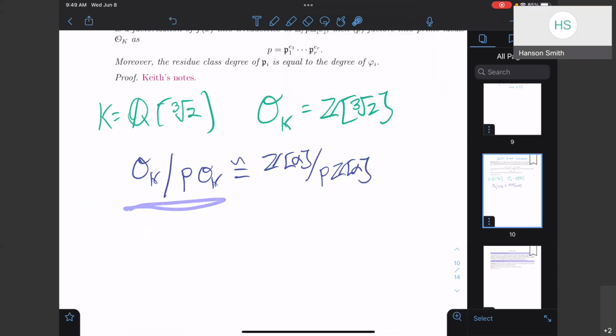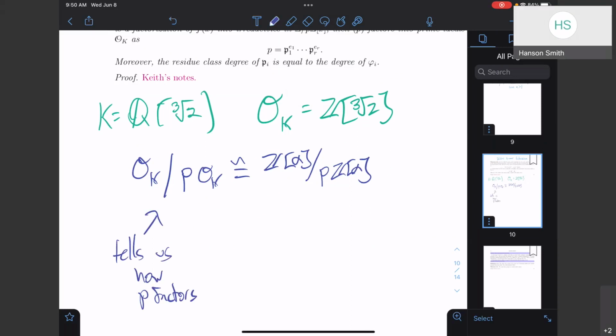This quotient right here tells us how P factors, right? You know, if I take Z mod nZ, the ring structure of Z mod nZ tells me how n factors, right? So we can believe this tells us how p factors.